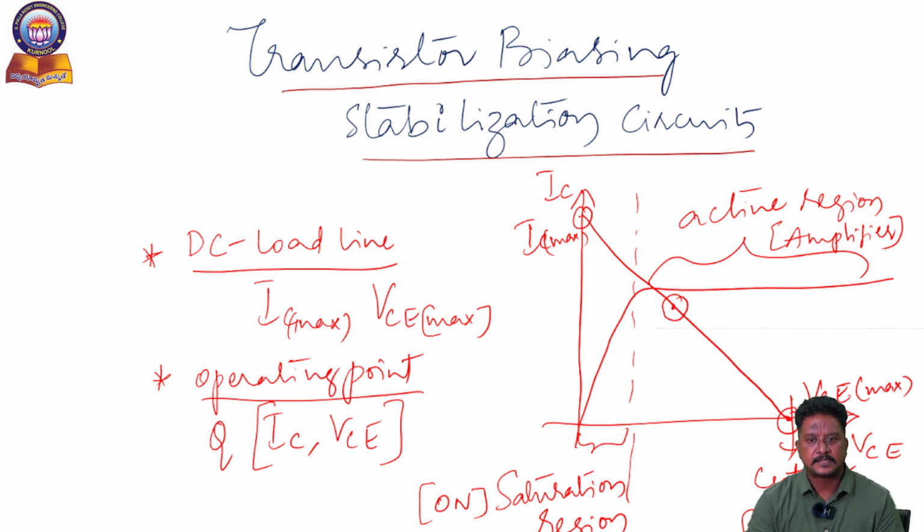For that purpose, in the previous session I came across one more important point, that of course designing the amplifier is not the end of our work. We have to see that whatever amplifier we are using has to work throughout its lifetime as an amplifier, nothing but faithful amplification. Whatever importance we give to faithful amplification, we have to give the same importance to stabilization also. So keeping the operating point at the center of the DC load line is an important task.